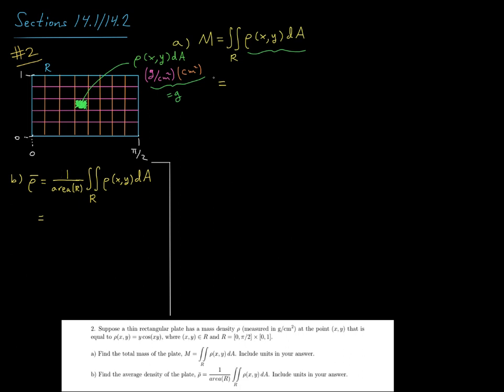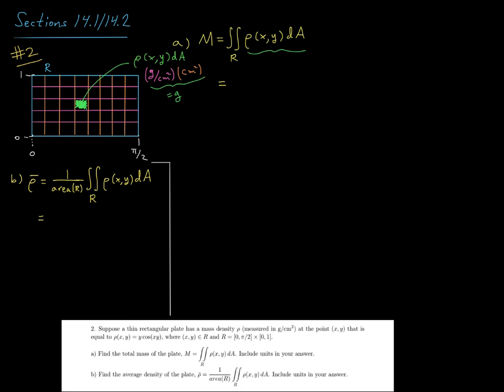Okay, so I guess first I want to just clarify, why is this double integral of our density going to give us the total mass of the plate? Well, if I think about partitioning our rectangular region, and I look at, say, this little differential rectangle right here, this product of the density with dA is just going to tell me the mass of this little rectangular differential region.